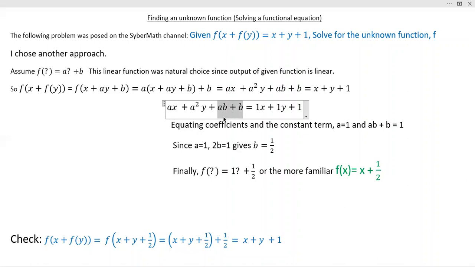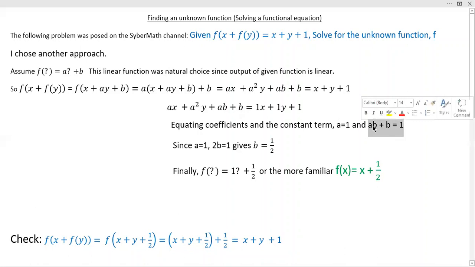That makes it the literal constant term, if you will. So that's why we set ab plus b equal to the constant term 1 over here, which is exactly what we've done here. Now you see the arithmetic is very straightforward. If a is equal to 1 in this expression, you're going to get b plus b is equal to 1. That's 2b is equal to 1. That's b is equal to 1/2.